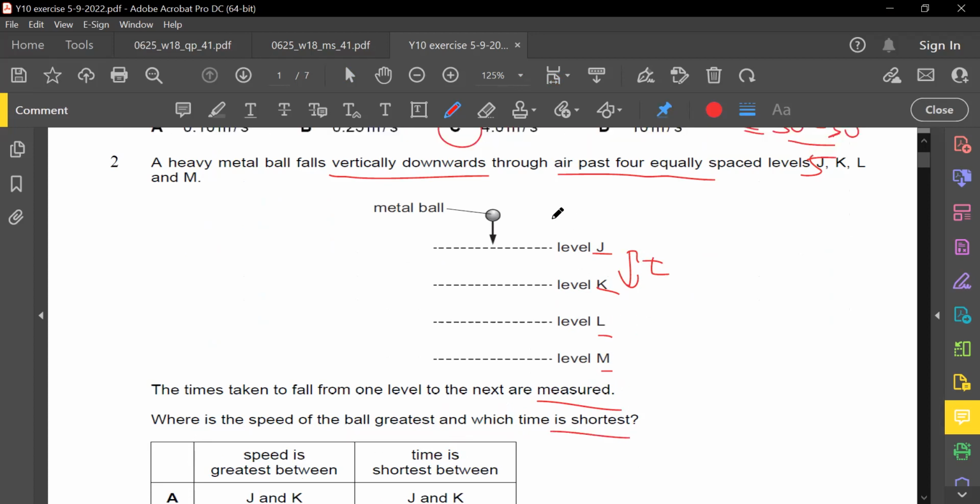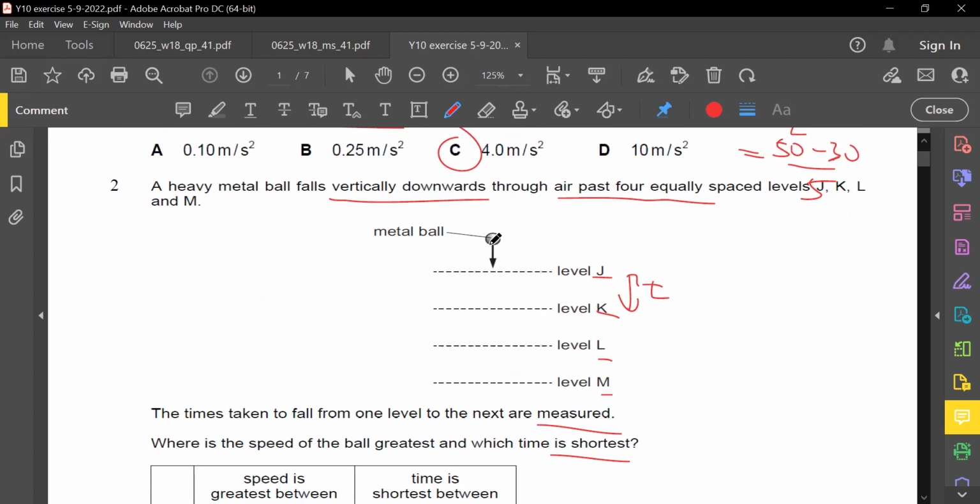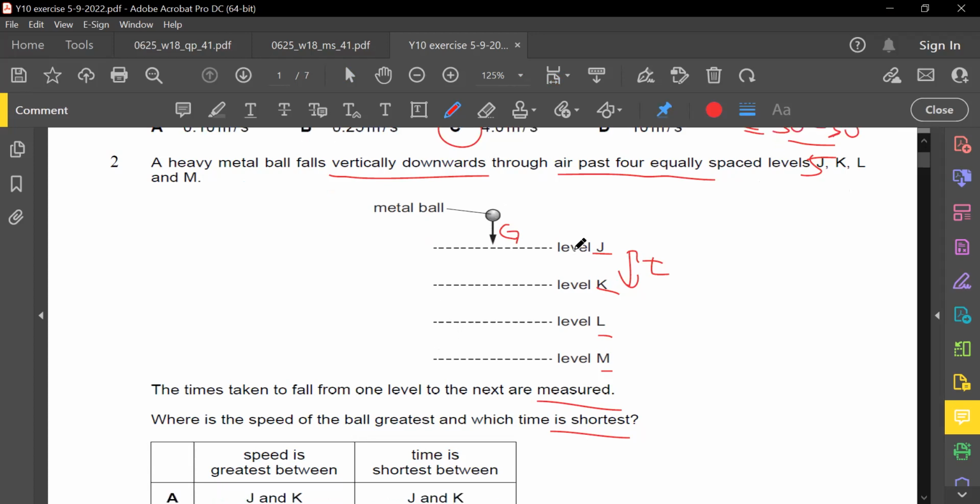Now, if you think about it, if this metal ball is falling downwards here, it is obviously affected by gravity. Yeah, there's going to be air resistance, but which one do you think will have the greatest speed between J, K, K, L, or L, M? Why?